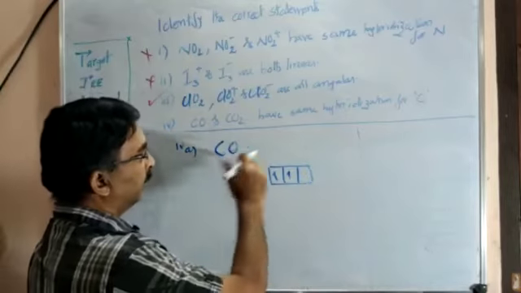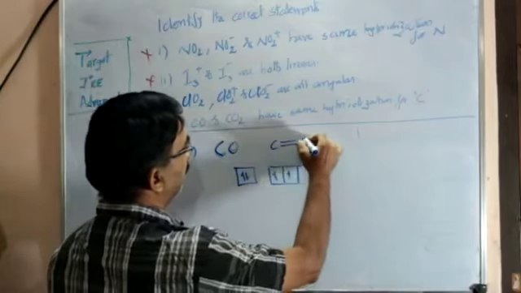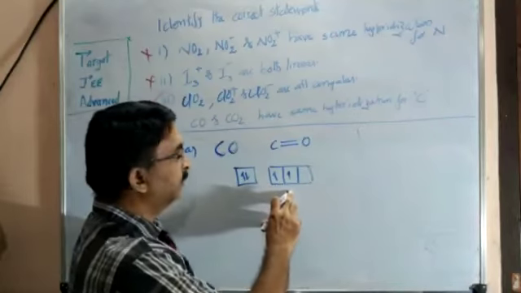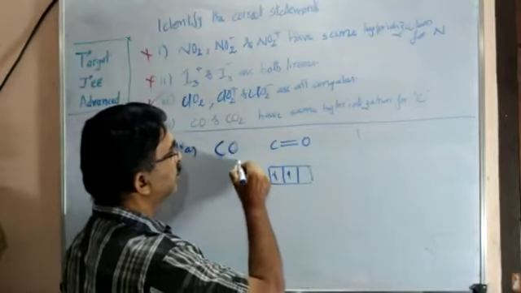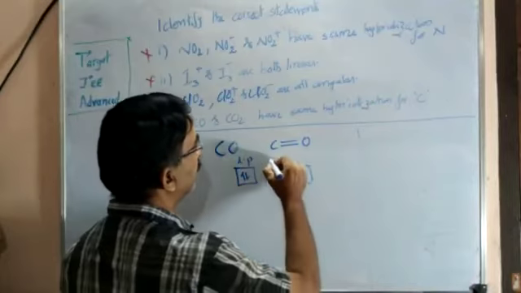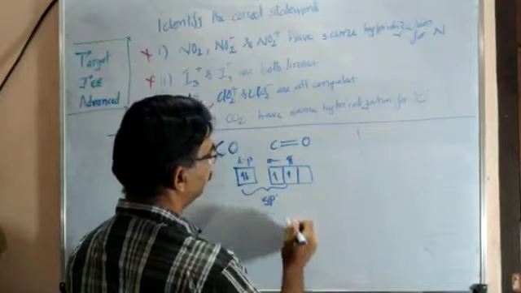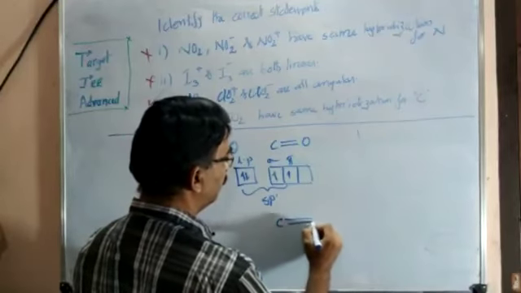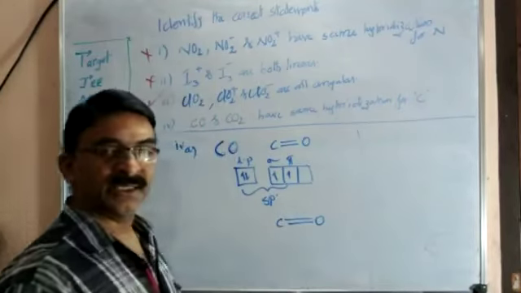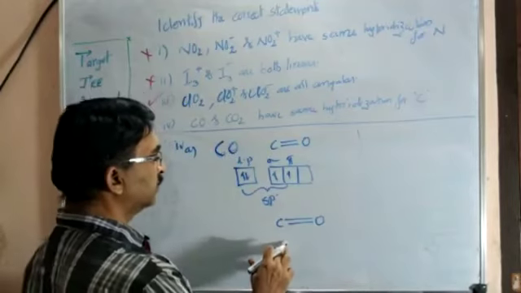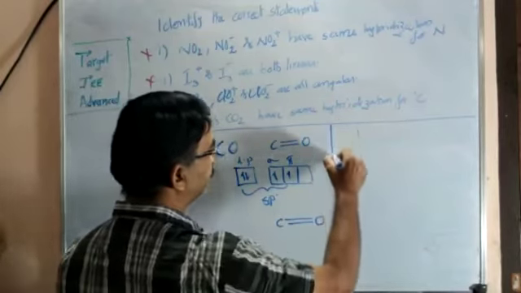It wants a double bond. Normally, it wants a double bond. Sufficient electrons are already here, so this will remain as a lone pair. Sigma bond, pi bond. So, sp hybridization. Of course, in the resonance structure it has a triple bond, but in the basic structure we can write it like this. So, CO: sp, linear.